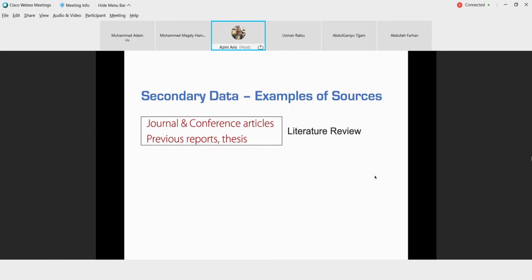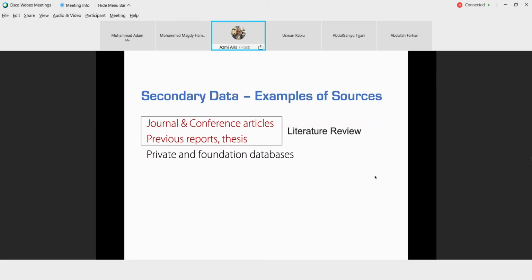And this is what you call literature review. Literature review for a PhD normally requires a lot of extensive review, maybe 100 to 200 articles need to be read and then compiled and rewritten in your literature review chapter. And again, this is the source for your procedure that you will discuss in your chapter 3.